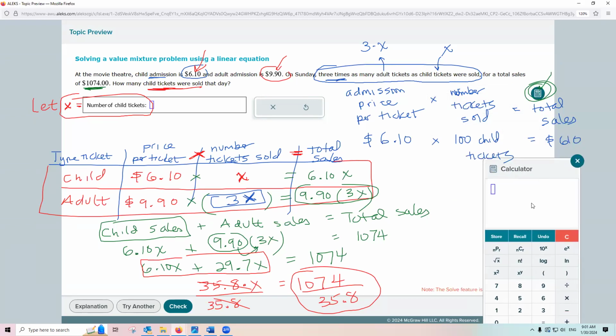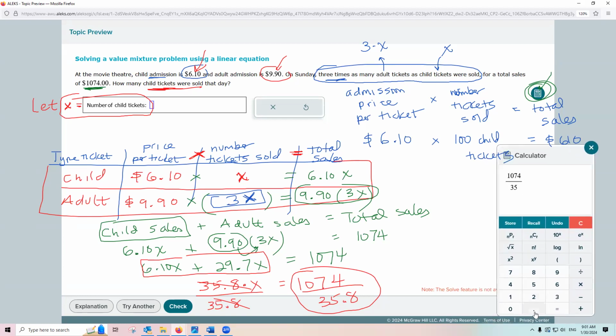And I'm going to enter in 1074 divided by, notice it shows a little fraction, 35.8. And I hit the equals button, and I'm getting 30. So it looks like x equals 30. So there were 30 child tickets sold. So that's the answer, 30 child tickets.